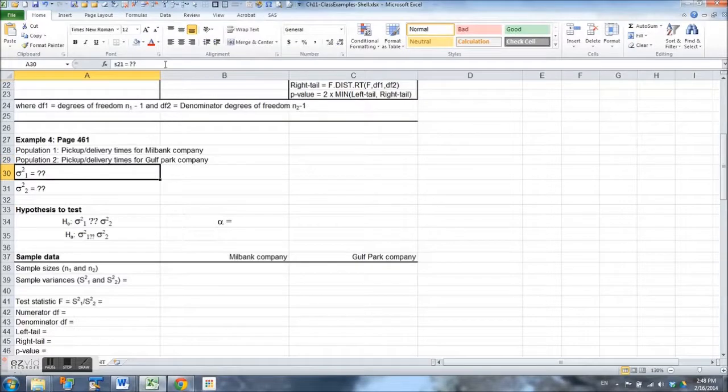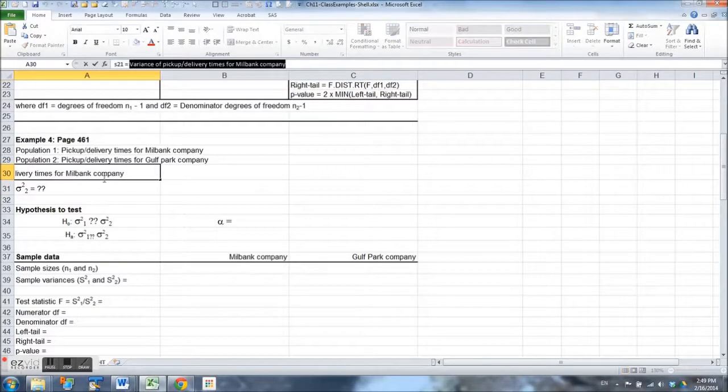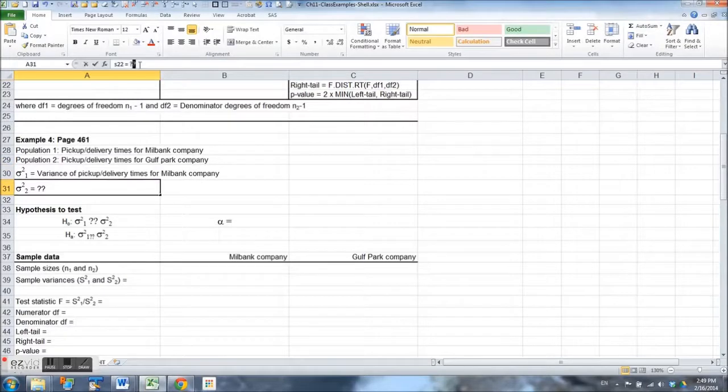Now sigma sub 1 squared is the variance of pickup delivery times for Millbank Company, and sigma sub 2 squared will be the same but for Gulf Park.